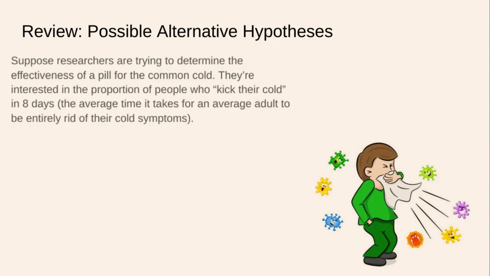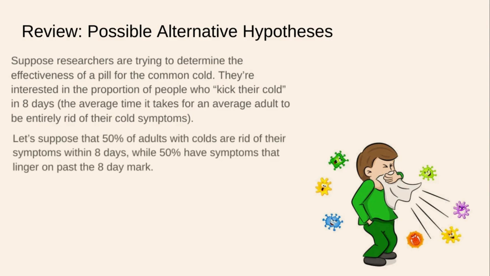So, to review, let's look at the possible alternative hypotheses we could run into. This is a familiar problem. Suppose researchers are trying to determine the effectiveness of some pill for the common cold. They're interested in the proportion of people who could kick their cold in 8 days. That is about the average time it takes for an adult to be entirely rid of their cold symptoms.